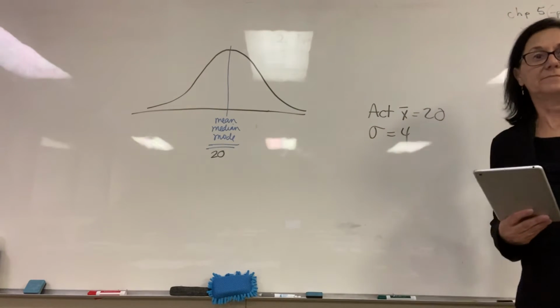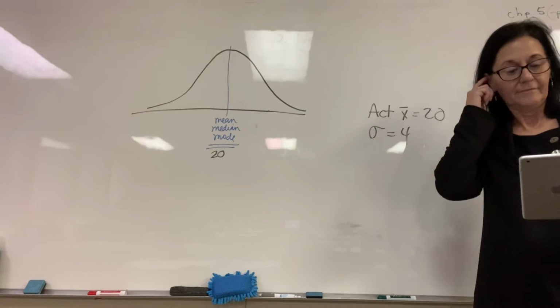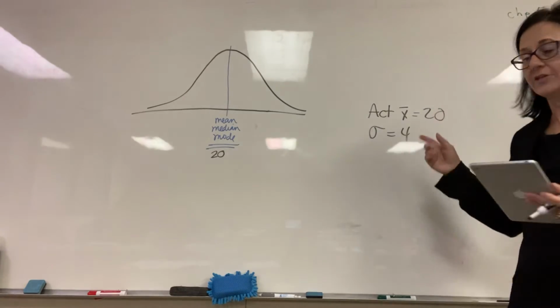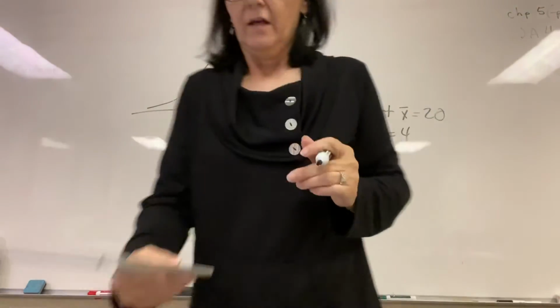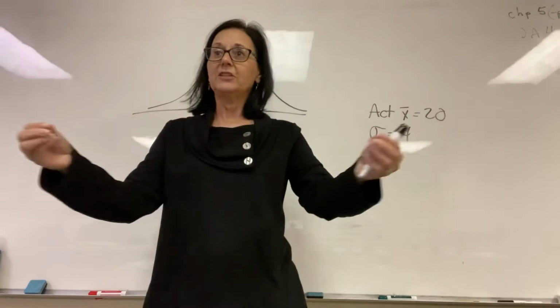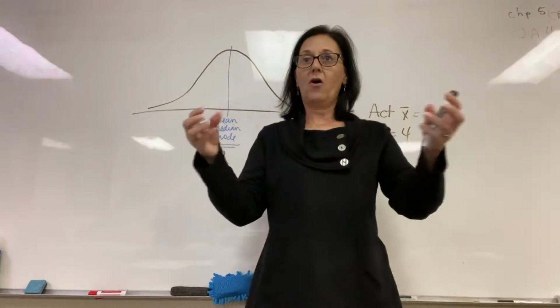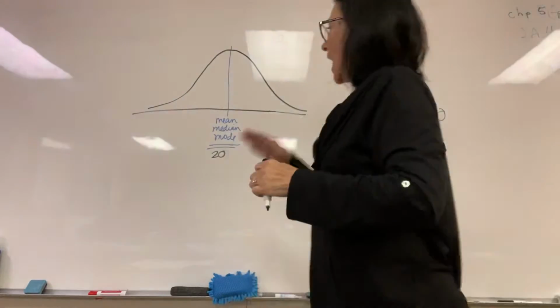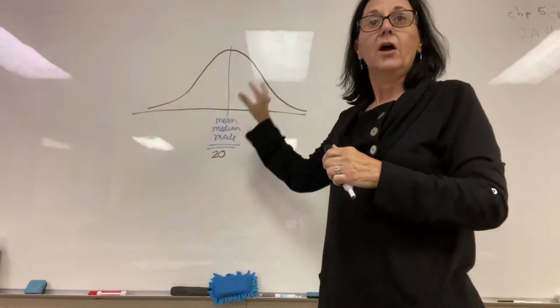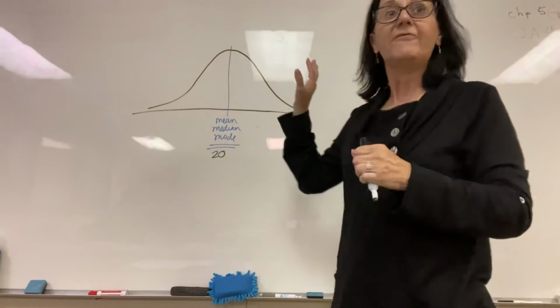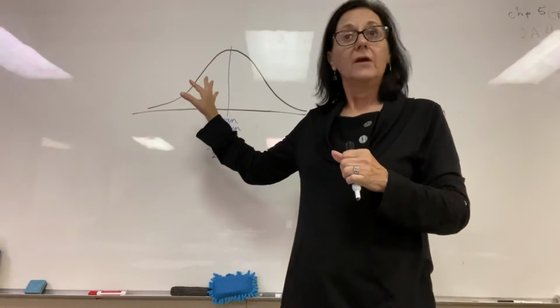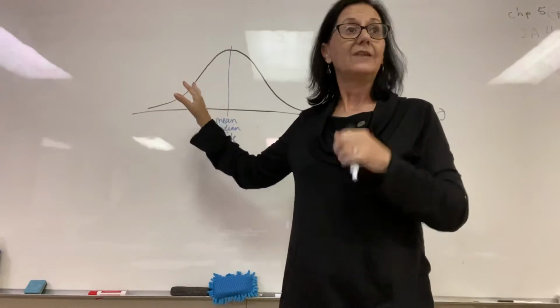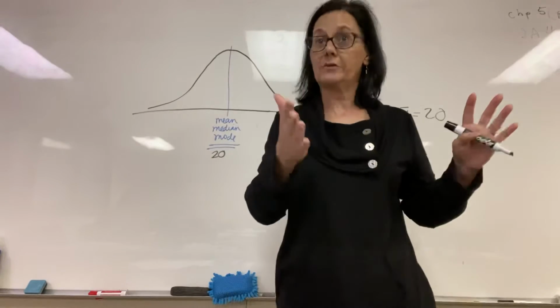I'm just making this up. The standard deviation is 4. That says that's the average distance all those scores are away from the mean. Then I can use this to find out what percent lies in what range of scores.